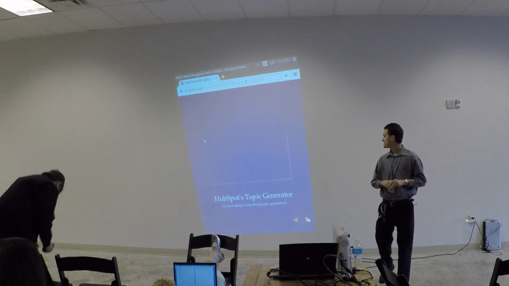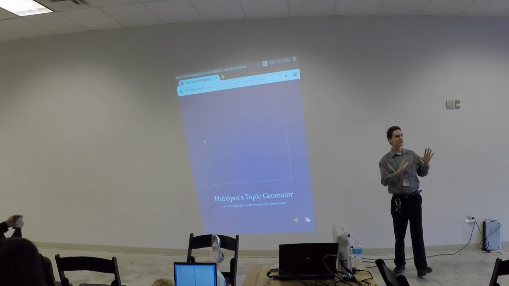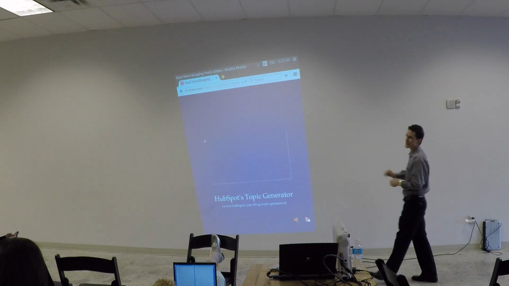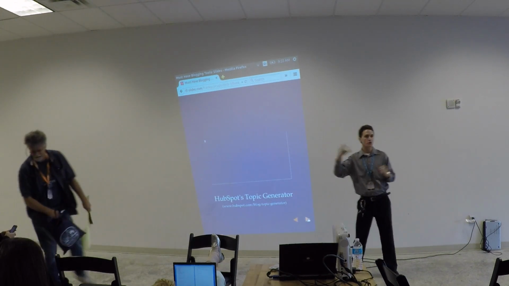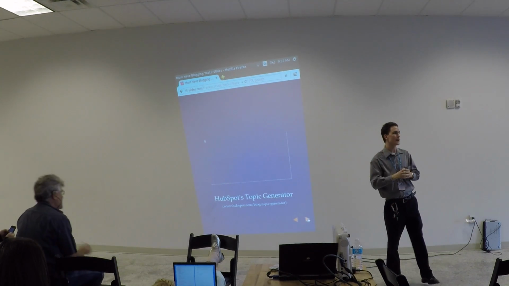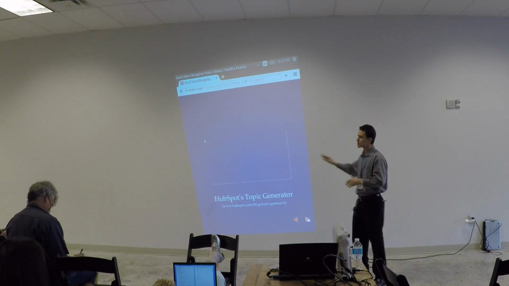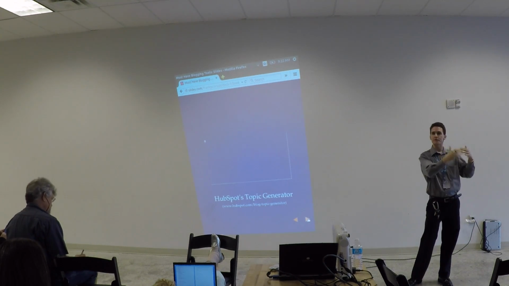And then next is the HubSpot topic generator. This one's not as awesome as the Google and BuzzSumo, but essentially you go to this, and you can enter in a topic that you're after, and enter a few details about it, and it'll generate a couple fake headlines for you. So if I'm running a bakery, I can go here and type in maybe Italian loaf and a few words to go with it, and it'll generate a few headlines for you.